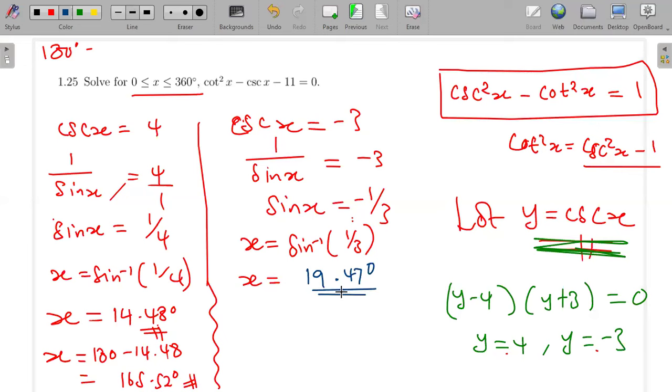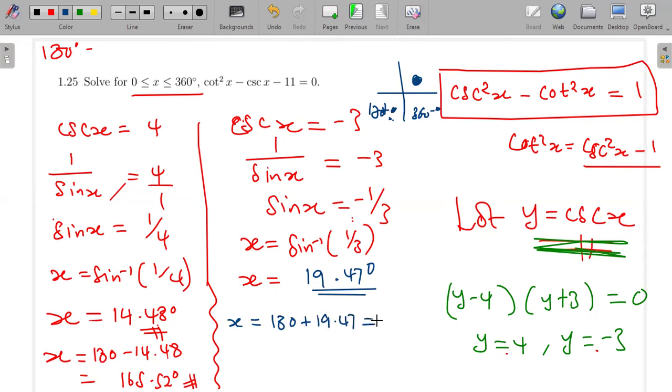So this angle here, it's in the first quadrant. Okay, it's somewhere here. But since this was negative, we are only interested in the angle that will be here and there. So here we say it's 180 plus the angle in the first quadrant. Here it's 360 minus the angle in the first quadrant. So it means my x in the third quadrant will be 180 plus 19.47.